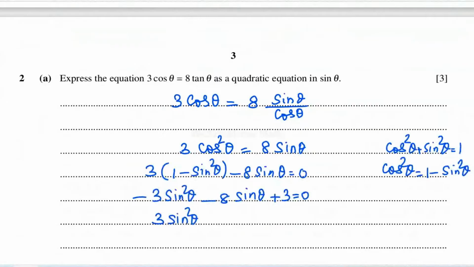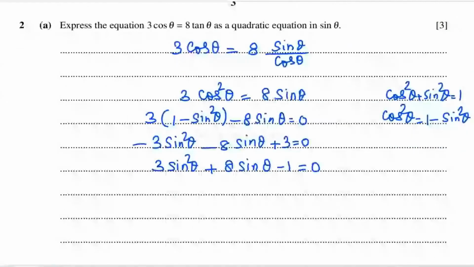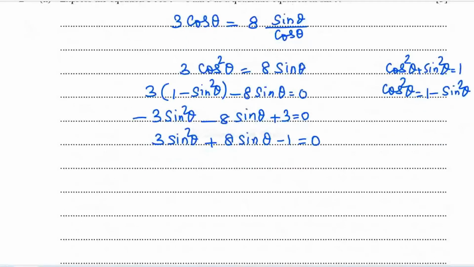So 3 sin square theta plus 8 sin theta minus 3 equal to 0. So this is a quadratic equation in sin theta.